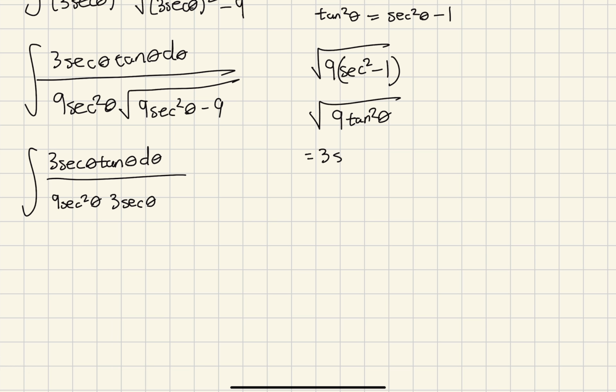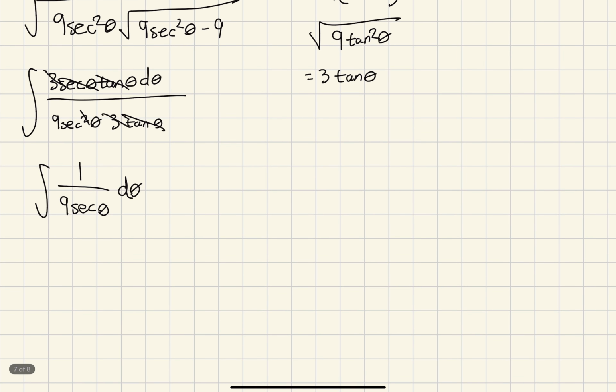Actually, my bad, it's tan theta. So tan theta cancels out. 3 cancels out. One of the secants cancels out, and therefore it leaves us with the integral of 1 over 9 secant theta d theta.